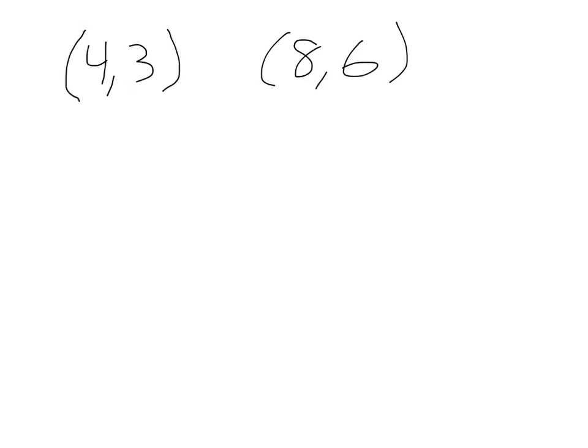So let's take a look at an example of how this works. Let's say I have the ordered pairs 4, 3 and 8, 6. And I want to find out how I find the slope. So what I do is very simply, I mark one of these as x1, y1, and the other one is x2, y2.